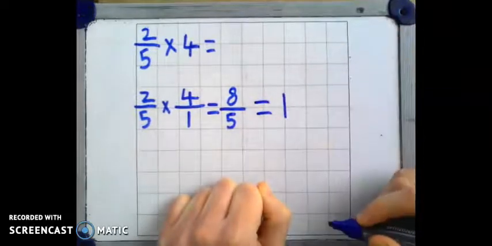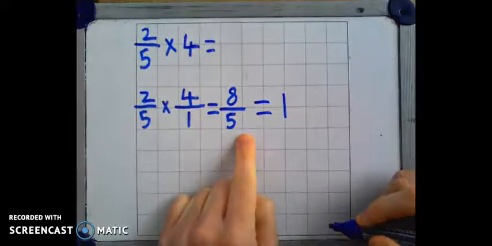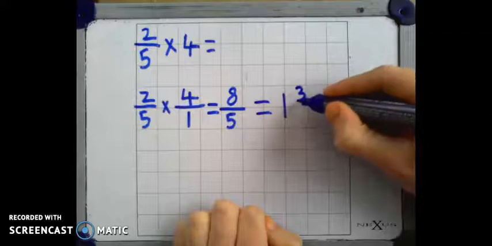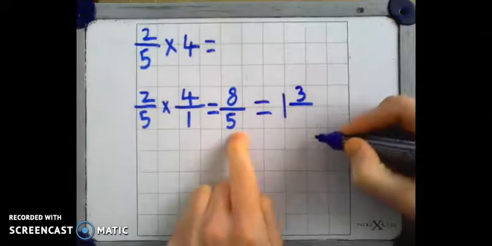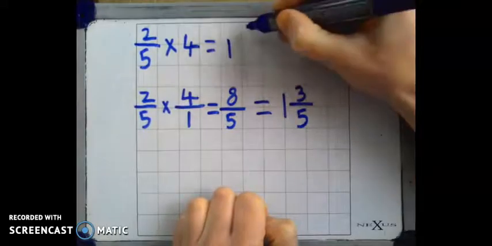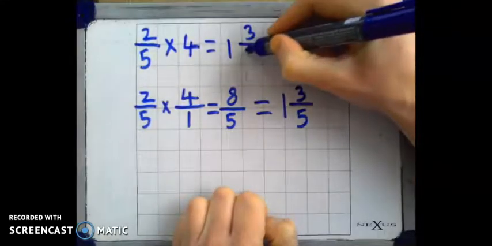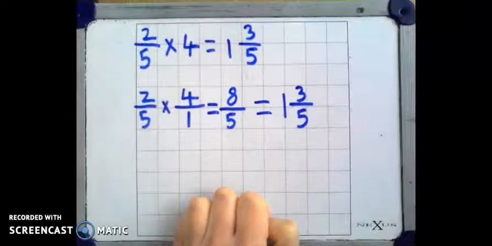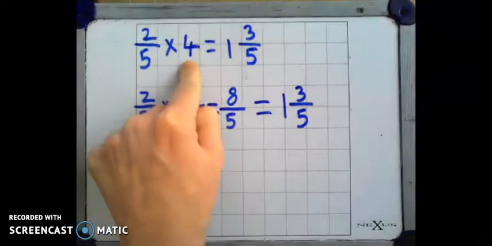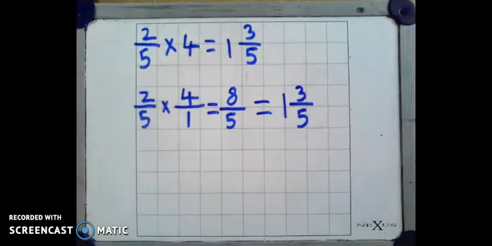That's our whole number. And there are 1, 2, 3 left over. 3 becomes the numerator and the denominator is the same. 1 and 3/5. So as we can see, our answer is smaller than the whole number, just like we thought it would be.